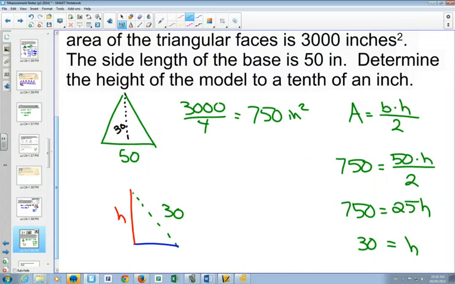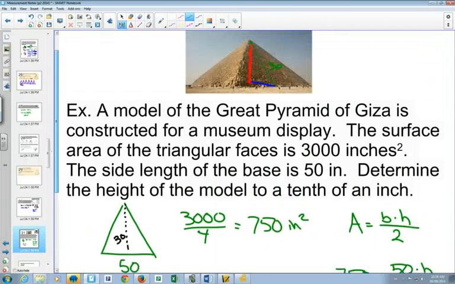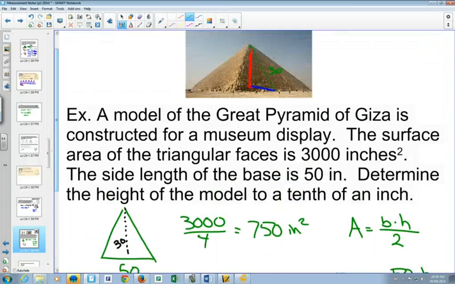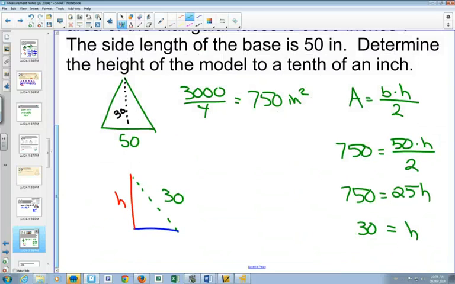How long is that blue line? Well, it'd be 50 if it was all the way across, right? It's going to be 25. So now we've made another triangle and we only have an h to solve for.